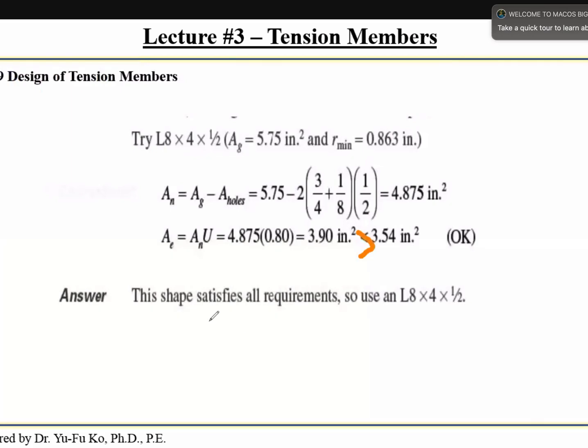So the shape that satisfies all the requirements should be L 8x4 by half. This is a trial and error process and takes a lot of iteration. But like I said, in the exams, I will fix these 2 numbers for you, and you need to go through the process and justify the thickness during the exams. Okay?